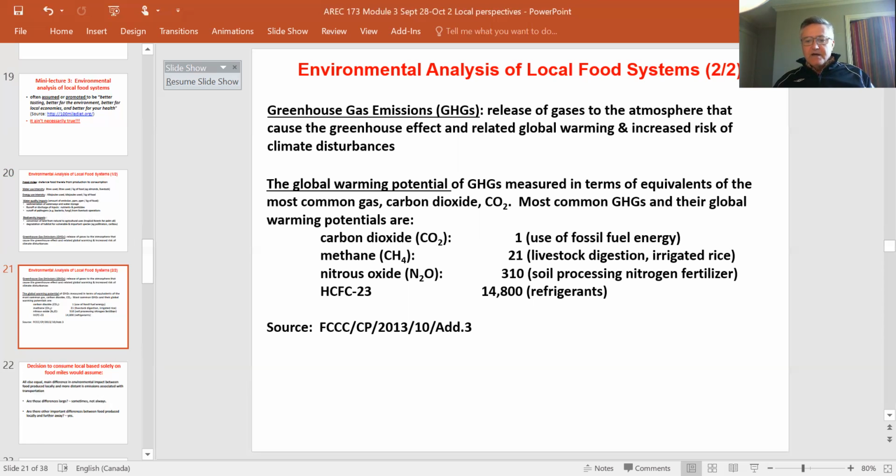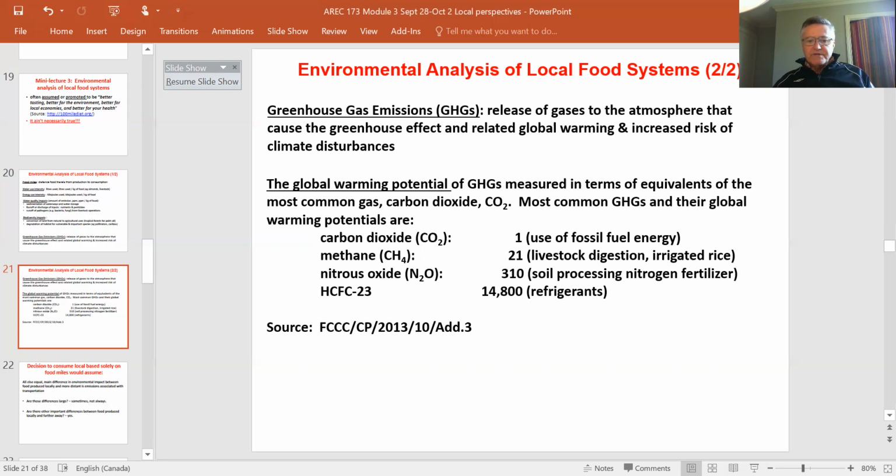Nitrous oxide, which is released to the atmosphere when nitrogen fertilizer is applied to soil and the soil processes it with its biogeochemical processes, has a global warming potential of 310. So 1 unit of nitrous oxide is equivalent to 310 units of CO2.